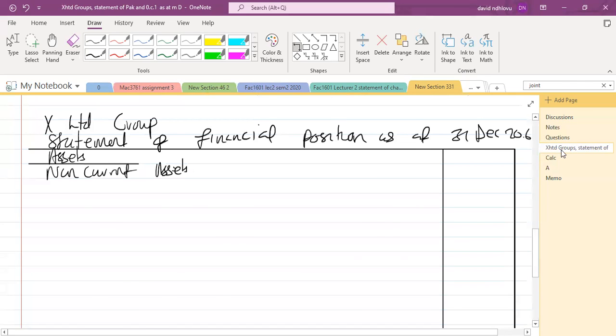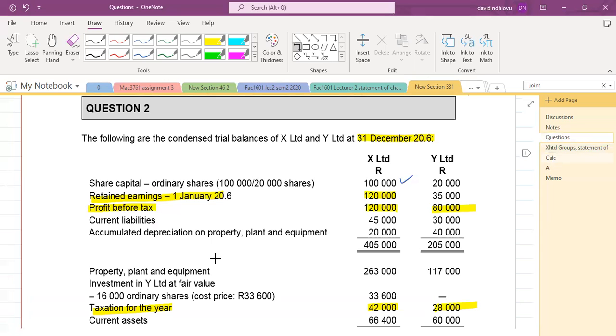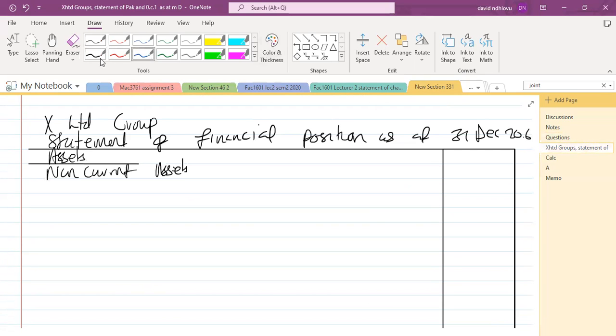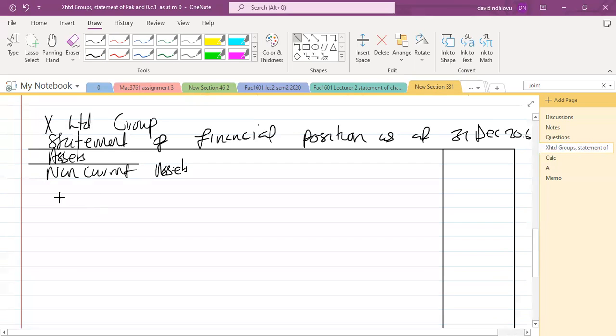So when we go through the question, we can see property, plant, and equipment, and the relevant accumulated depreciation. We need to show the non-current asset value at its carrying amount. So we say property, plant, and equipment. No shorthand in the exam, you write in full.